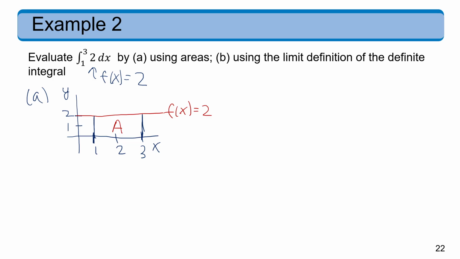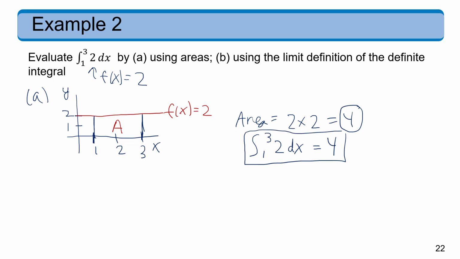So here the area is just the product of the two dimensions. So notice it's 2 in this direction and 2 in the other direction also. So it's 2 by 2. And we get 4. So we can say this definite integral, just copying it from the problem, equals 4.